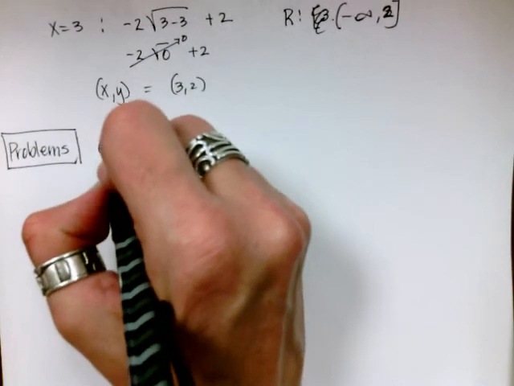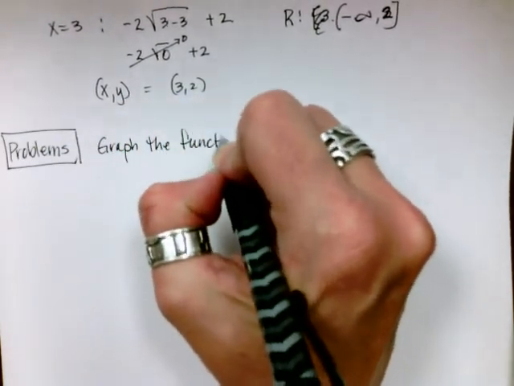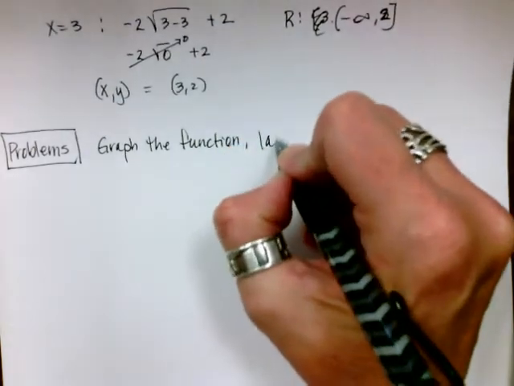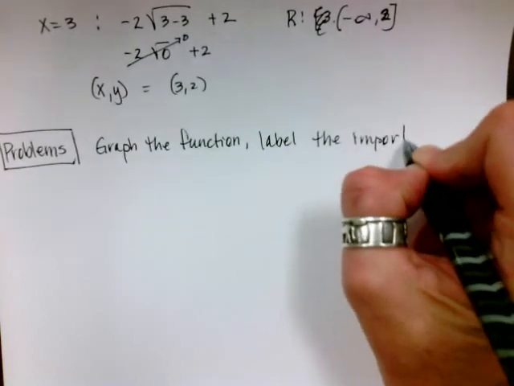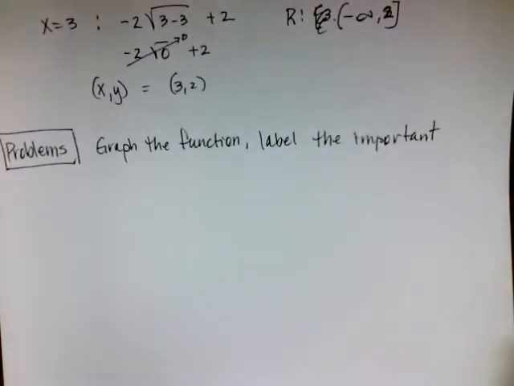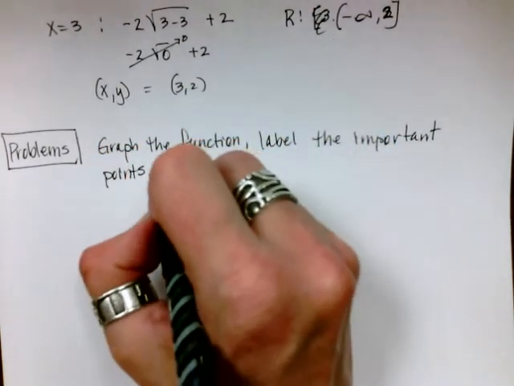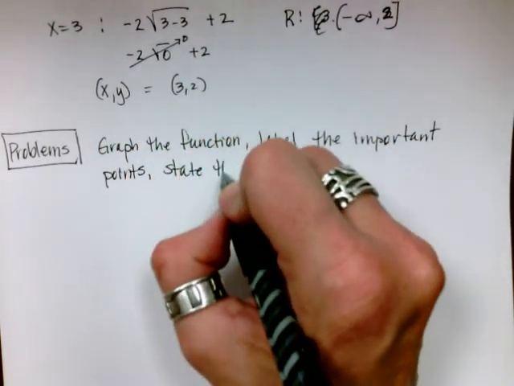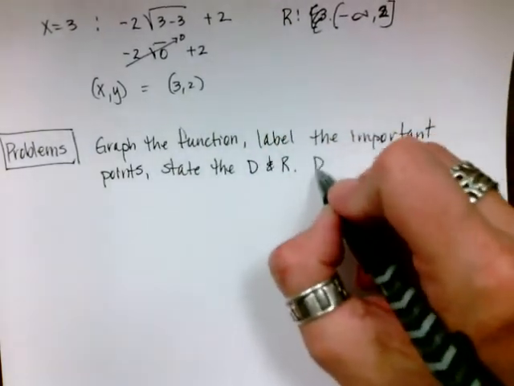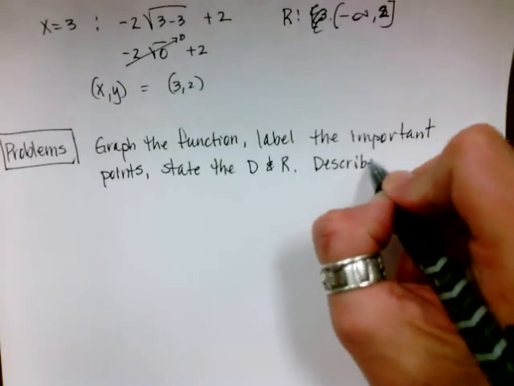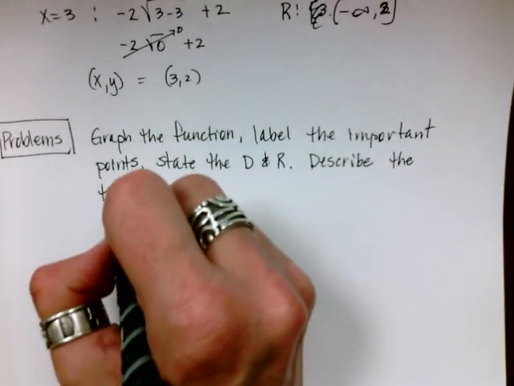I want you to graph the function, label the important points, and then state the domain and range. And lastly, I want you to describe the transformations.